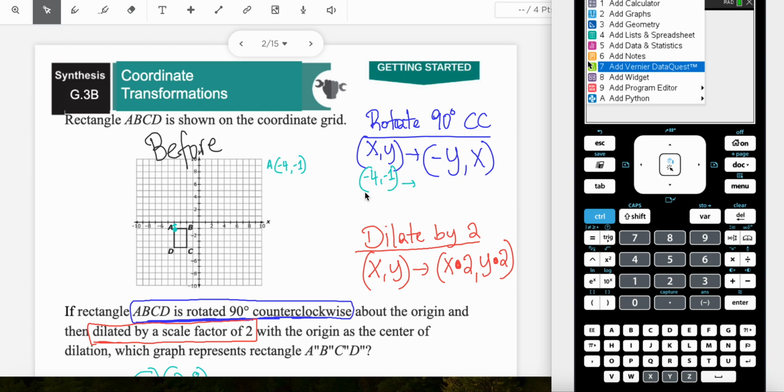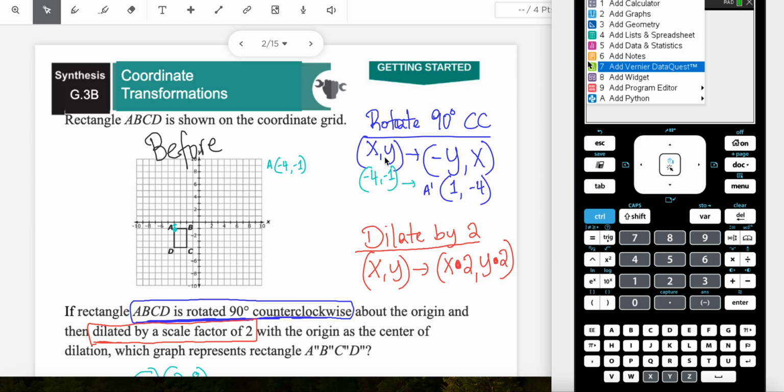So we're going to have -1, comma, -4. So I flip it around. That's the only thing I did. But notice that we changed the sign on the first one. So this was a -1, it's now going to become a +1. So I'm going to erase my negative. And this would be our A prime, sorry.